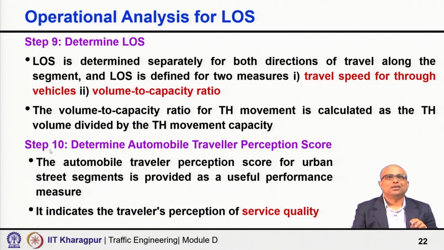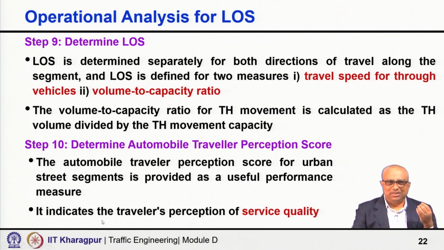There is also one more calculation we do, that is determining the automobile traveler perception score. Many things we have calculated in between. So, the automobile driver perception score can be calculated using those values which are important, and travelers do care about those aspects, and that is calculated as a useful performance measure.